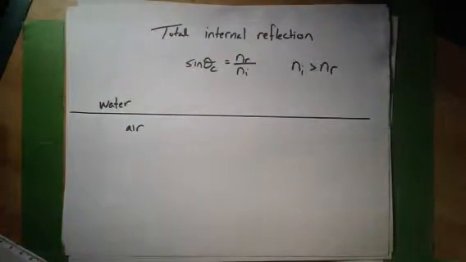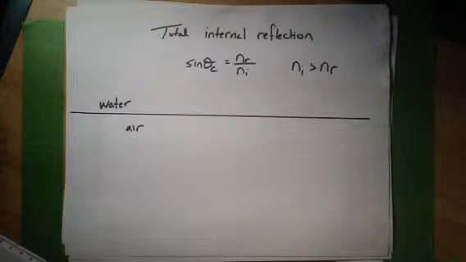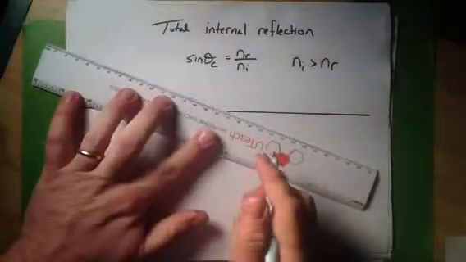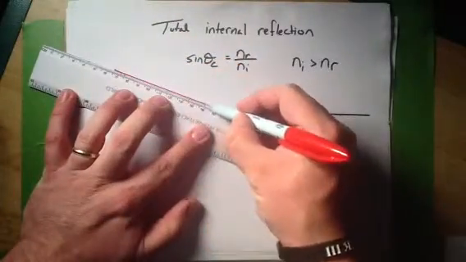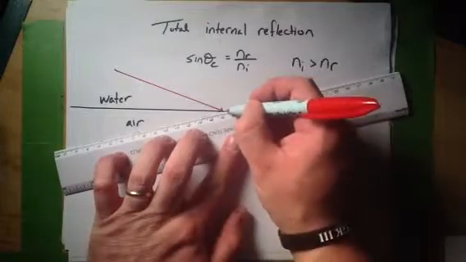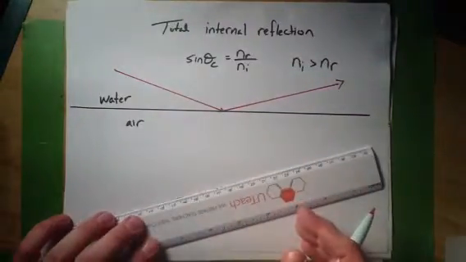If you're going from water into air, what happens is that the light at certain angles, if you get that angle down low enough, it's not even going to make it into the other material. It's simply going to reflect inside itself and not come out.